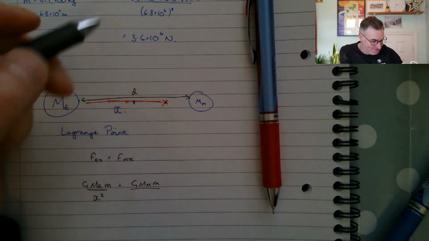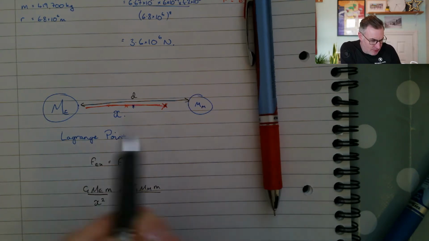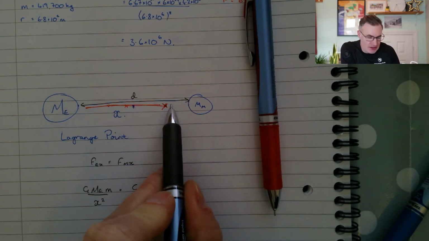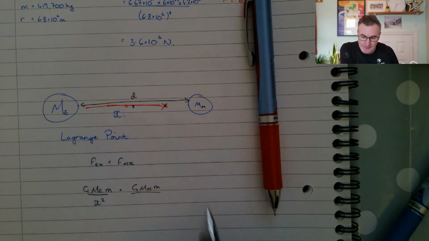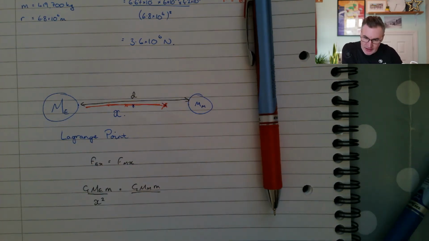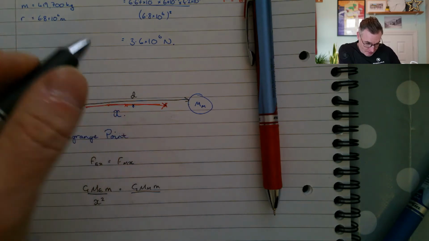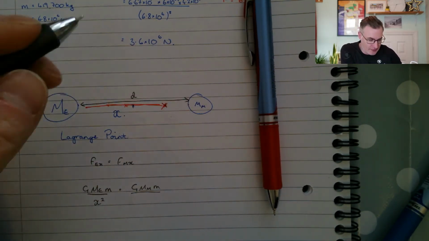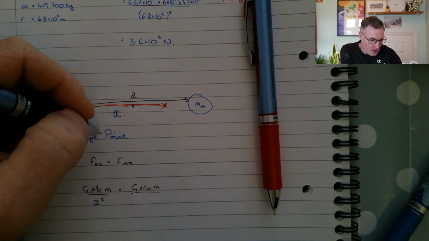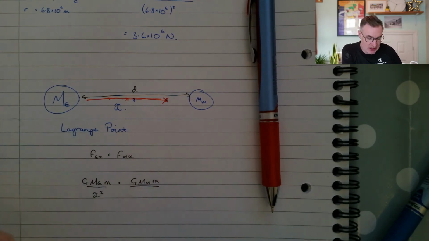And then this is the tricky bit. We don't know this distance. We don't have it defined, and I mean, we could just call it y. But the problem is that we'll then have two unknowns, an unknown x and an unknown y. But we know the mass of the Earth, the mass of the Moon, and the distance between the Moon and the Earth. So the only unknown we need, and we need to keep it that way, is x.